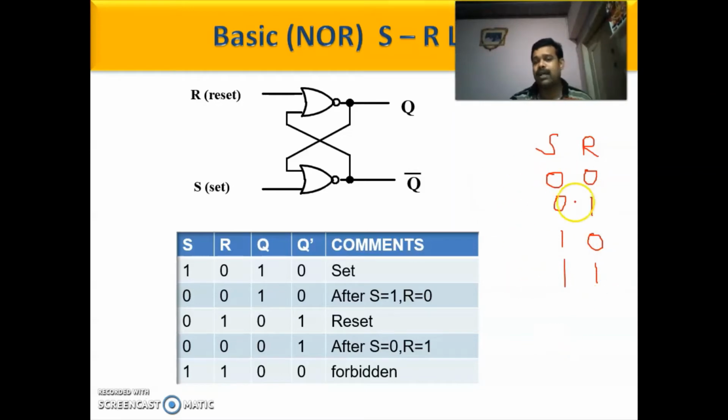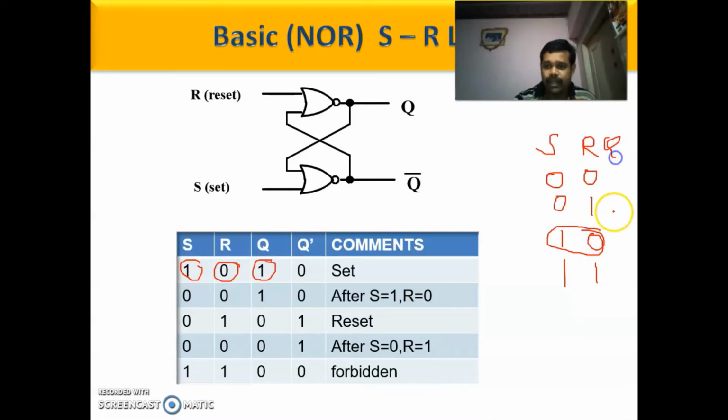These are the four input combinations. If S is 1 and R is 0, the output Q is 1.